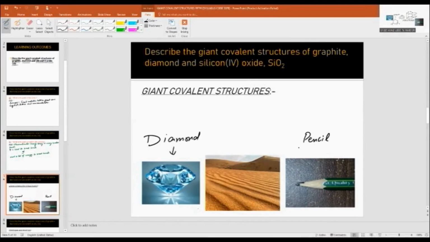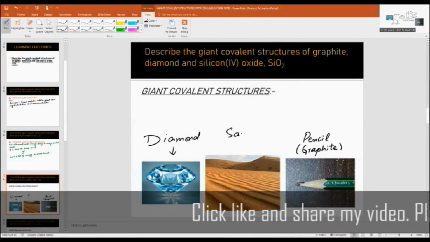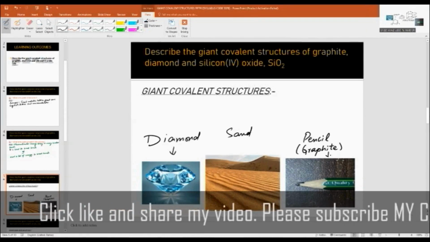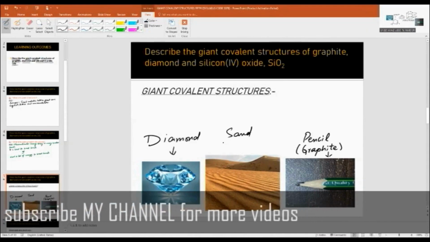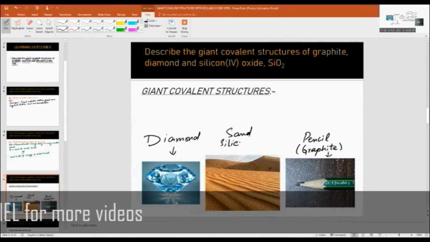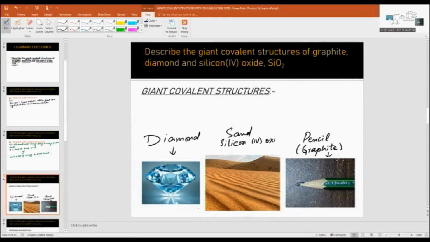Pencil contains graphite. In the middle, there is sand. Sand is also known as silicon 4 oxide.